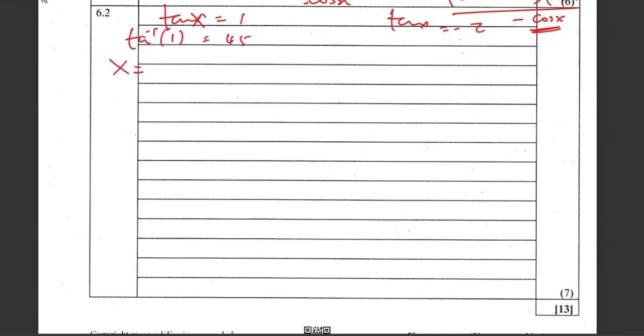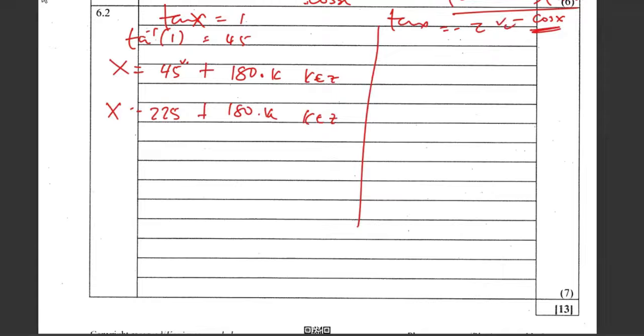So x is going to be 45 plus 180 times k, k is an element of integers. And then in the third quadrant, where tan is positive also, I have 180 plus 45, which becomes 225. So 225 plus 180 times k, k is an element of integers.